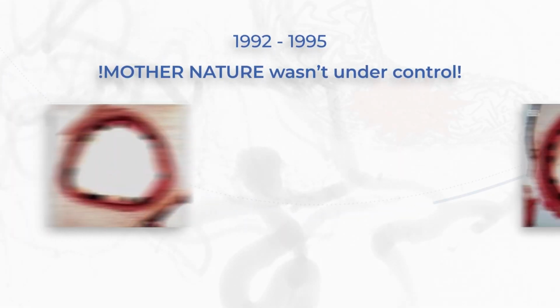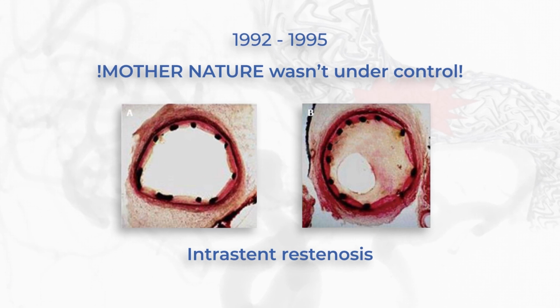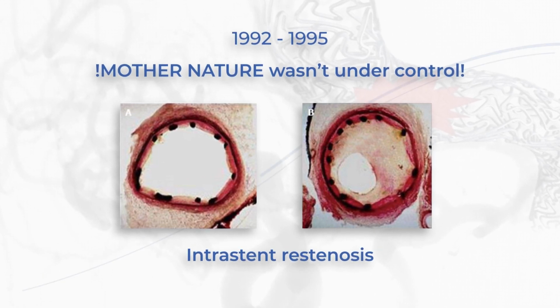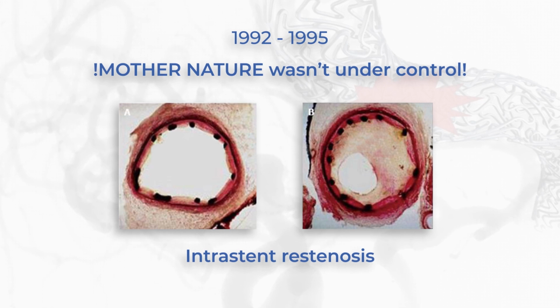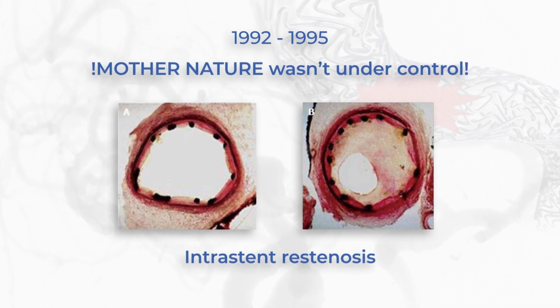Specific stents were designed to treat peripheral disease, iliac, femoral, popliteal, and carotid stenosis. However, Mother Nature was not under control. A new disease, in-stent stenosis, appeared to be the obstacle to overcome.